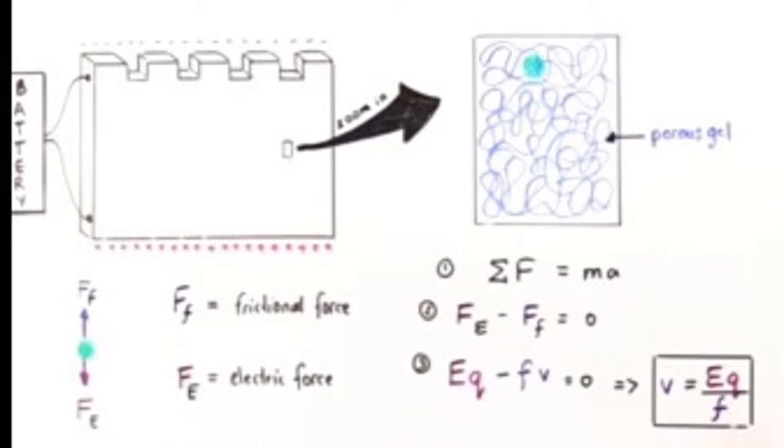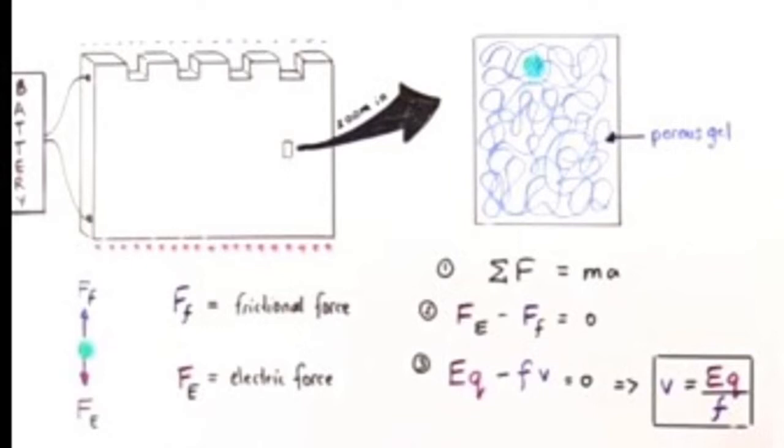Let me try to highlight those important issues that were raised as we were trying to come up with this equation. When we are trying to determine the velocity of a protein, it will be affected by some factors.